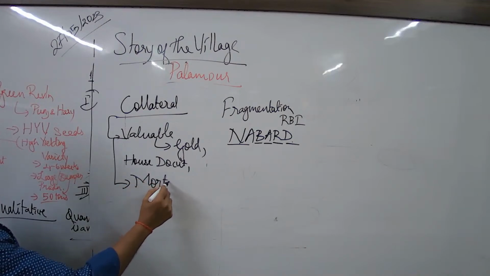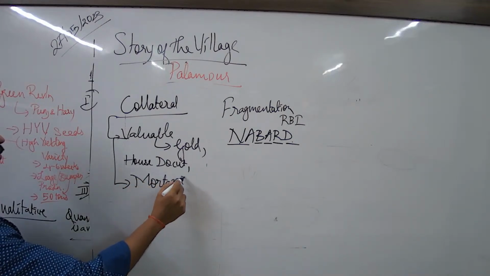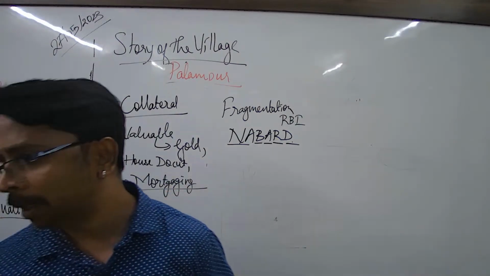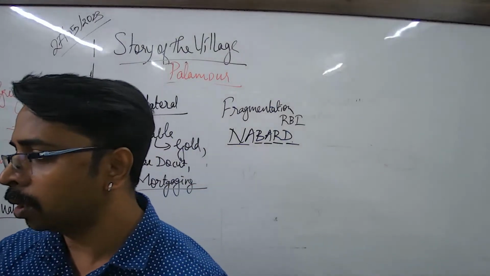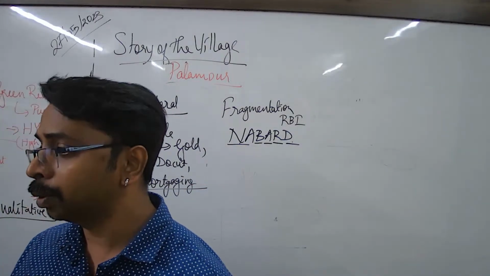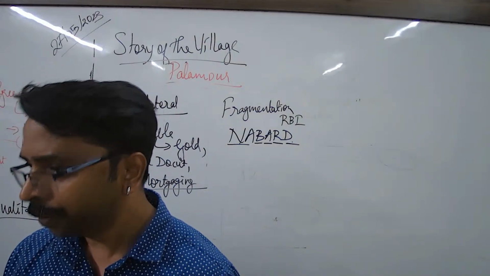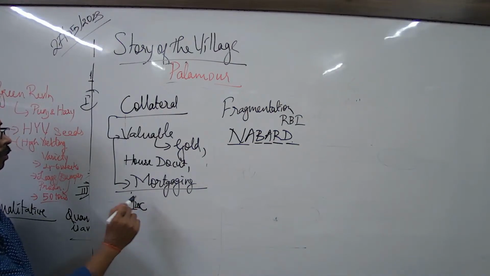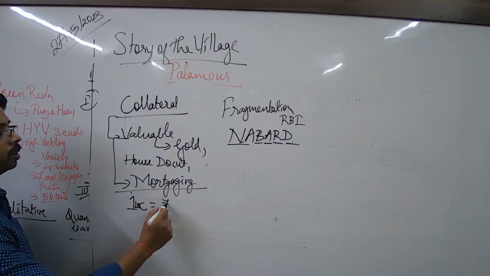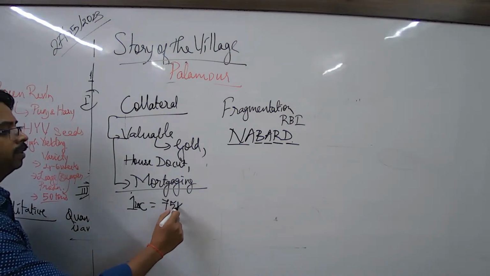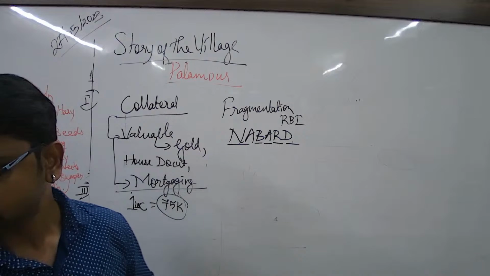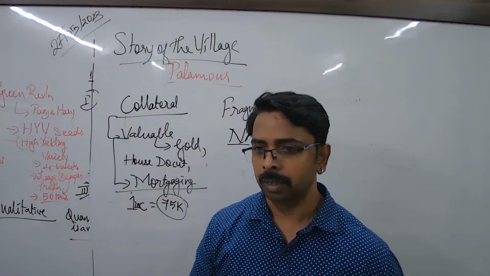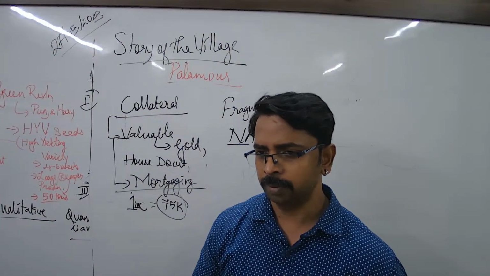I'm saying Aditi needs a loan, but Aditi is not earning. But Aditi has a house in her name. If the house is worth close to 1 lakh, according to RBI rules she will be eligible for a minimum of 75,000, or if she needs more, 80,000.